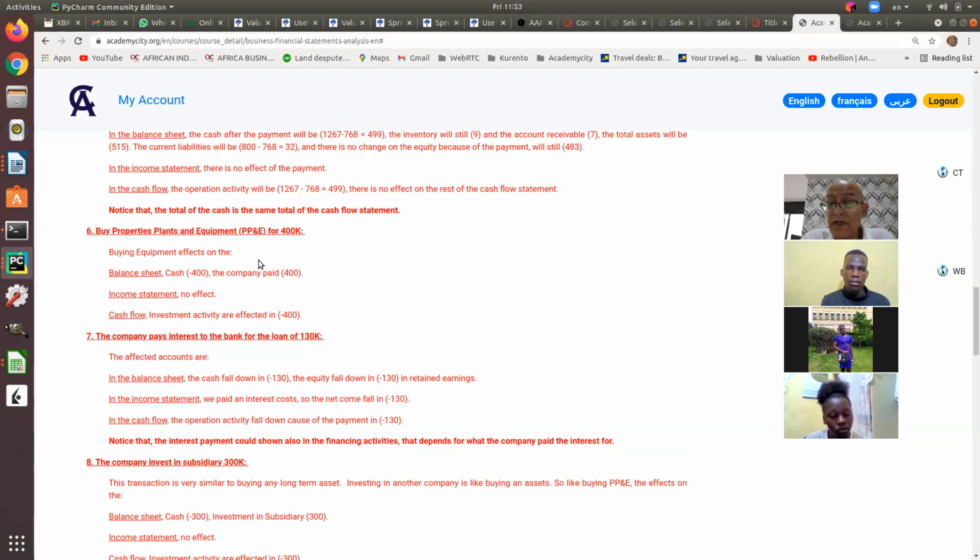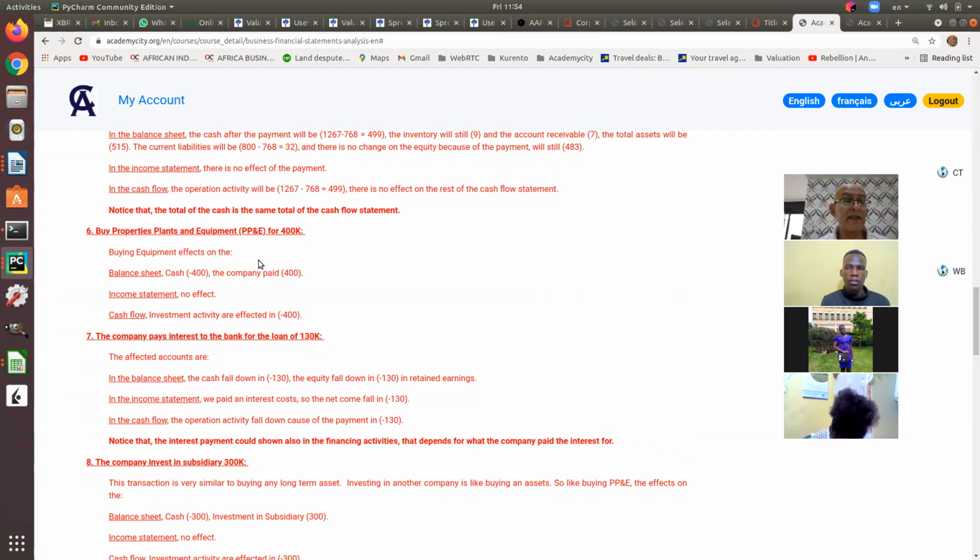There will be equipment for the company if it's a manufacturer. All of those are going to last most of the time more than a year. So anything that is going to last for the company more than a year will go into property, plant, and equipment. It will not be inventory. Inventory is the only type of asset I'm going to sell to customers. Equipment that I'm going to use in the business to carry out the business, they are property, plant, and equipment.